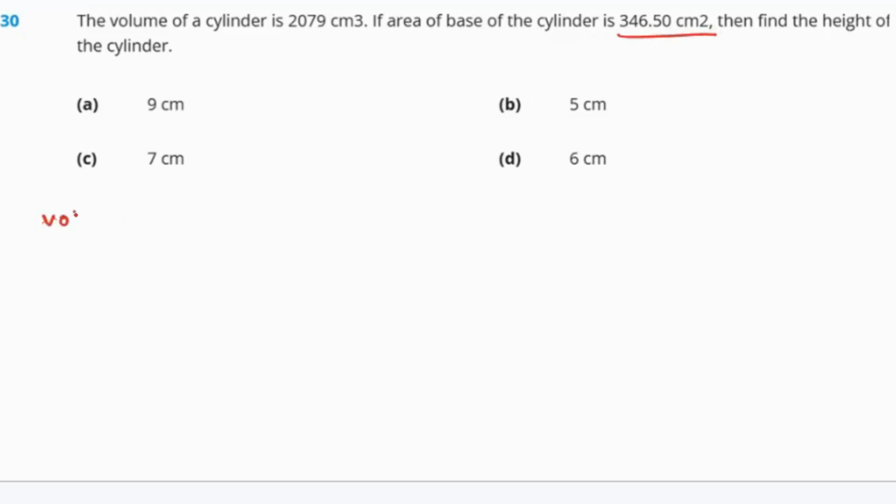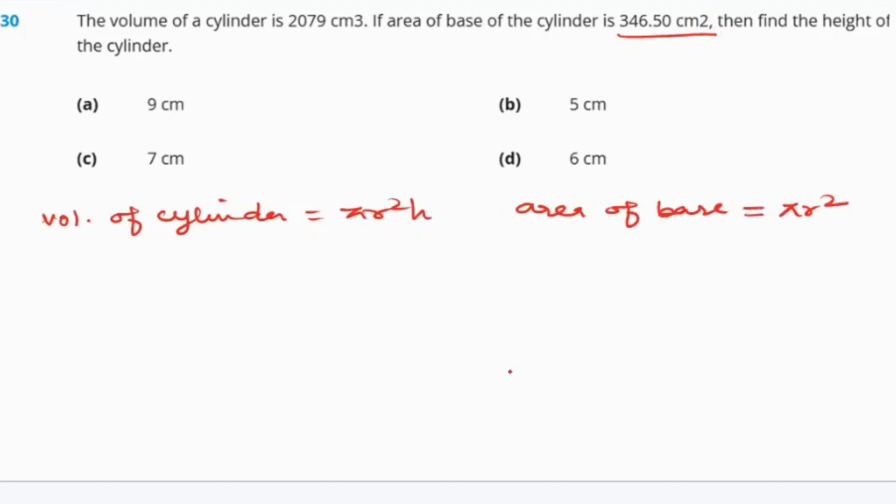As we all know, the volume of a cylinder is equal to pi r square h. And the area of the base of the cylinder, which is in a circular shape, is pi r square. The volume of the cylinder is given to us as 2079, and the value of pi r square we know is 346.50, multiplied by h.